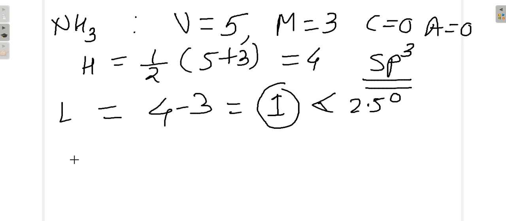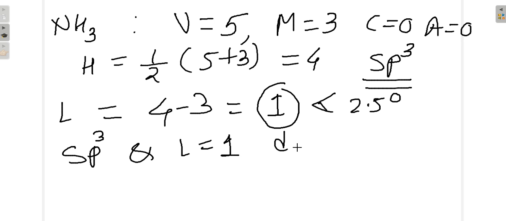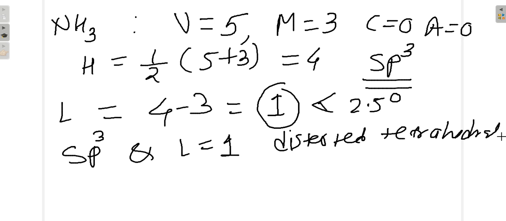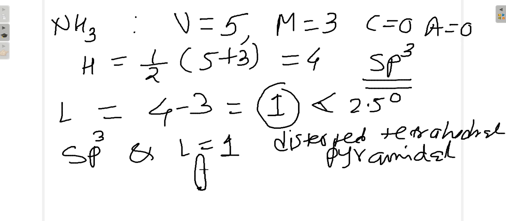So as a thumb rule, remember, with the hybridization of sp3 and one lone pair, the geometry becomes a distorted tetrahedron, also known as pyramidal. So in case of ammonia, if you consider a tetrahedron, there will be a lone pair here and 3 hydrogen atoms over here.